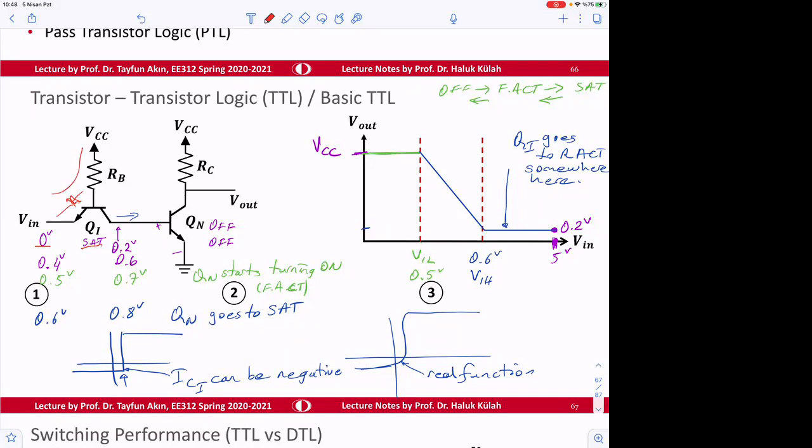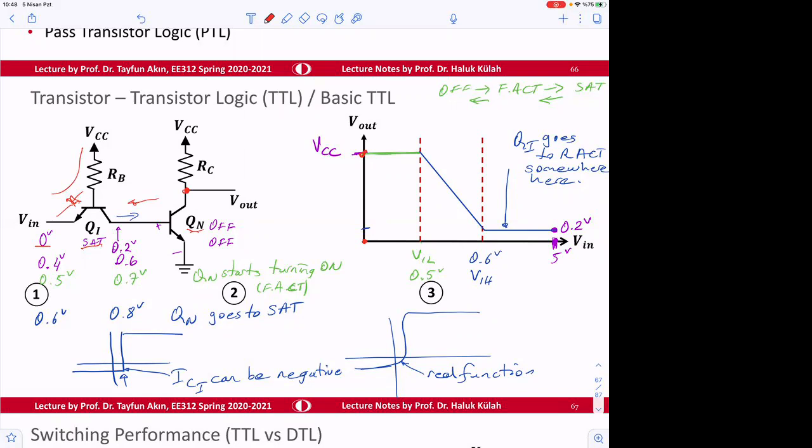We know that it cannot be forward active, because forward active means there should be a current in this direction, but this transistor prevents that. Therefore, the current there is going to be 0, and then QN is going to be off, and the output voltage here would be 5 volts. So for 0 volt input, the output would be 5 volts. That's the other extreme case.